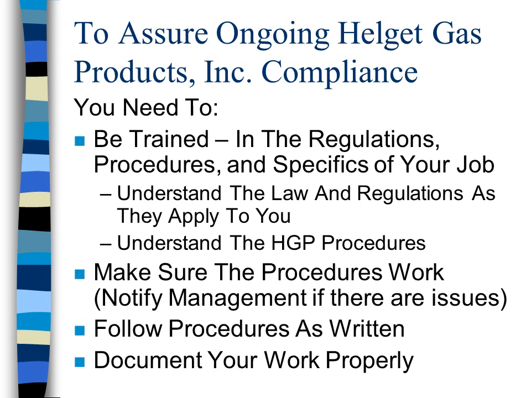And finally, to assure ongoing Hellgate Gas Products compliance, what do you need to do? Well, you need to be trained. You need to be trained in the regulations, the procedures, and the specifics of your job. You need to understand the law and the regulations as they apply to you, and you need to understand the Hellgate Gas Products procedures. You need to make sure that the procedures work.